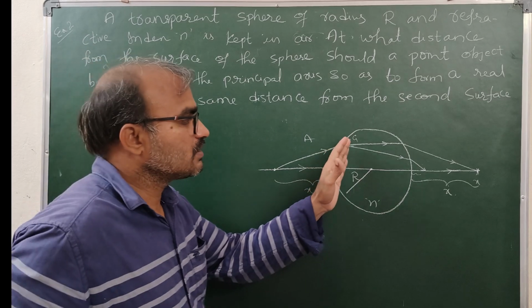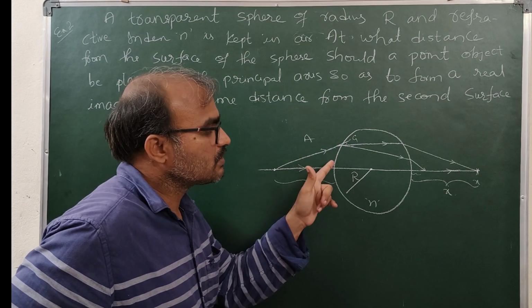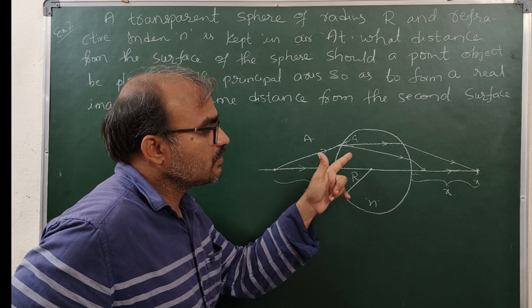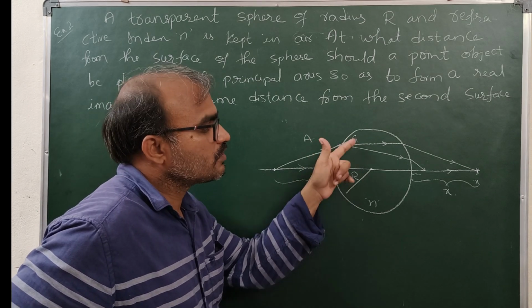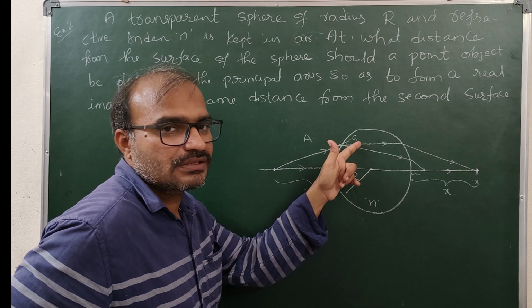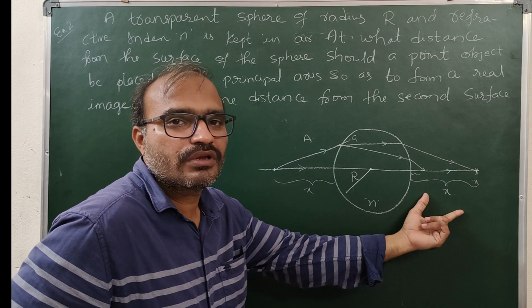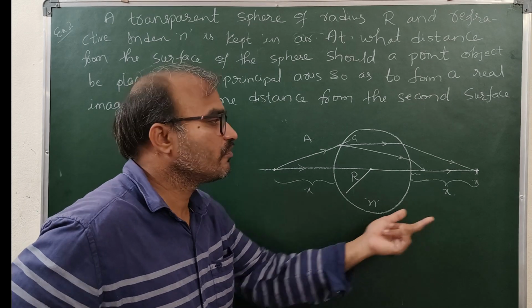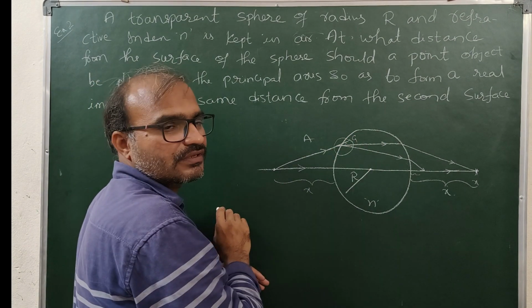Now if we consider the refraction at the first surface, means after refraction the ray through the sphere should be parallel to the principal axis. If it is parallel to the principal axis, automatically the second condition will be satisfied, right? So we will consider the refraction only at the first surface.